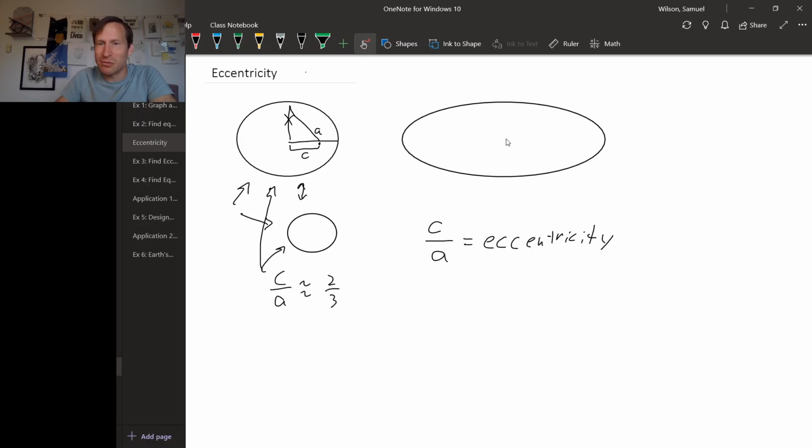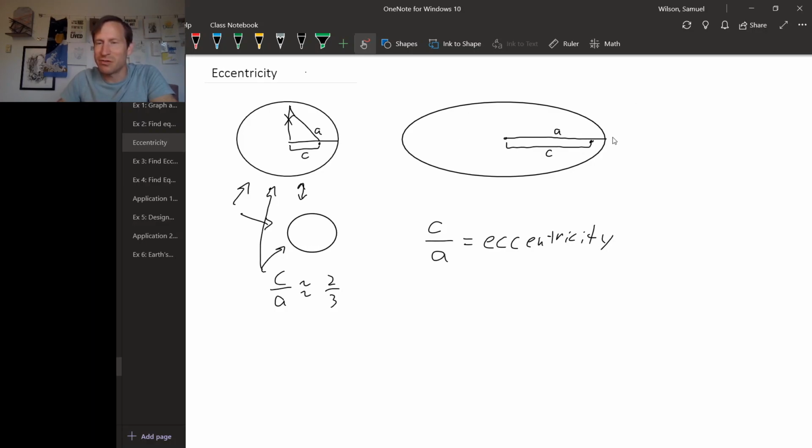But for this ellipse on the right, if we sketch the semi-major axis and the focus, it turns out the focus is going to be somewhere way out here because this ellipse is so long and skinny. So A is this top distance and C is this bottom distance.